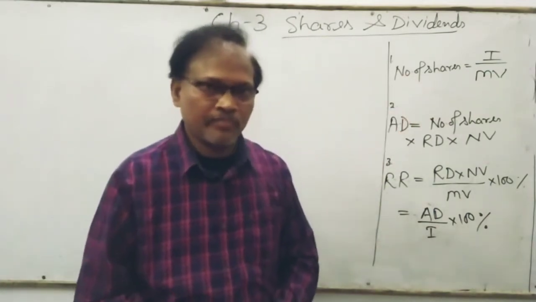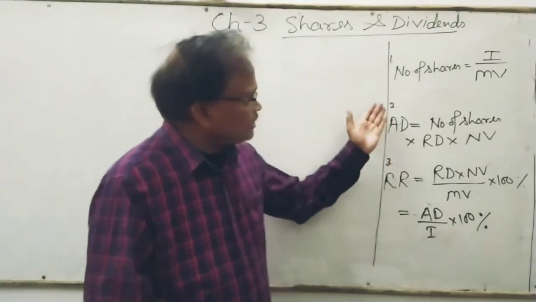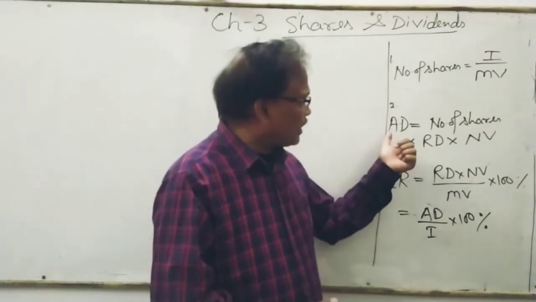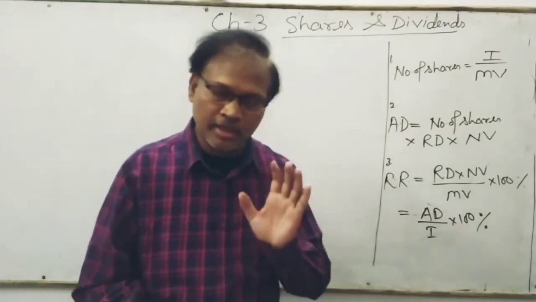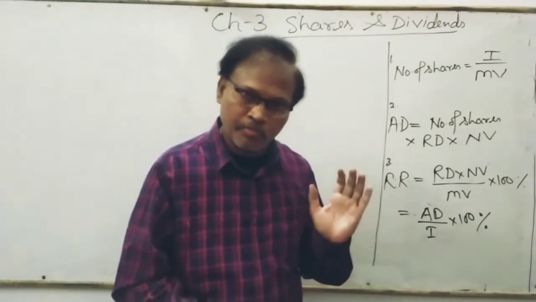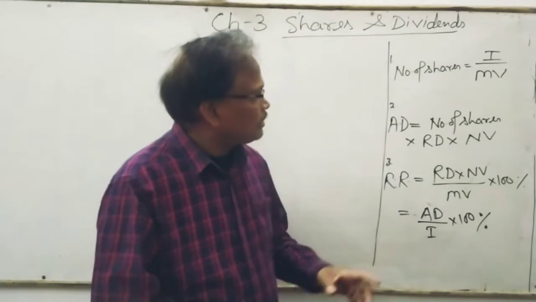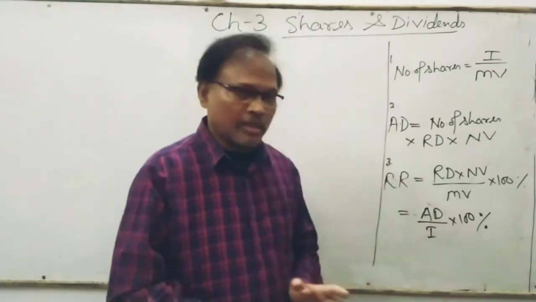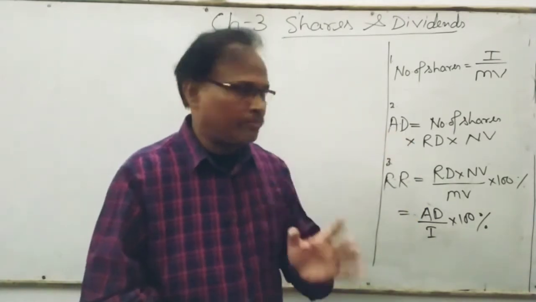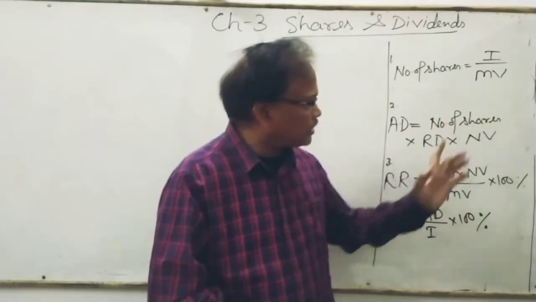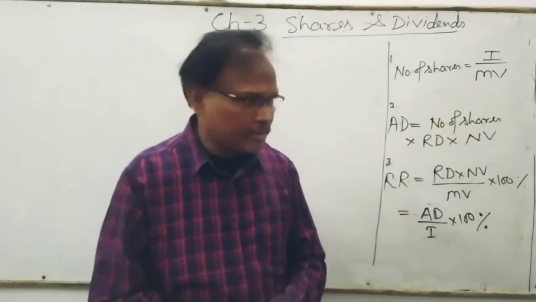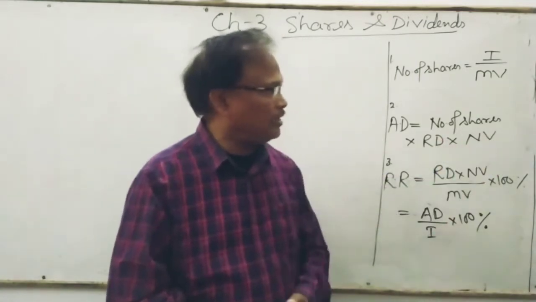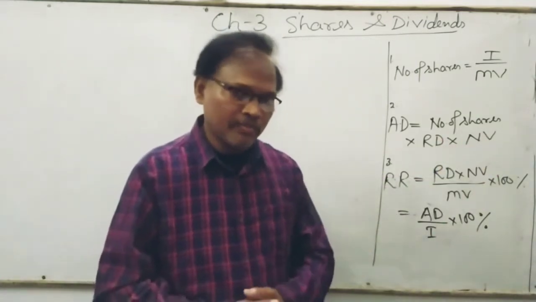That is very simple. Then the second formula is based on the annual dividend, AD. I had explained what annual dividend is in the first part of the video. Annual dividend, also known as annual income, is equal to number of shares into RD, rate of dividend, into nominal value.